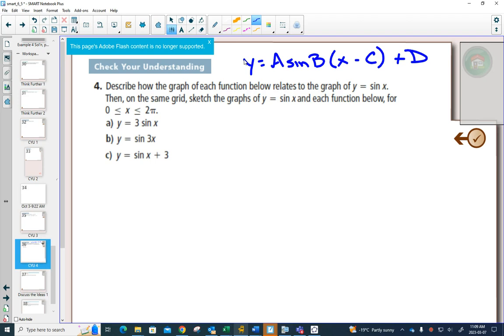The first one was our a value. So we can do that for part A. Y equals 3 sine x. And it says for 0 less than x less than 2 pi, we're going to say for at least 1 period.